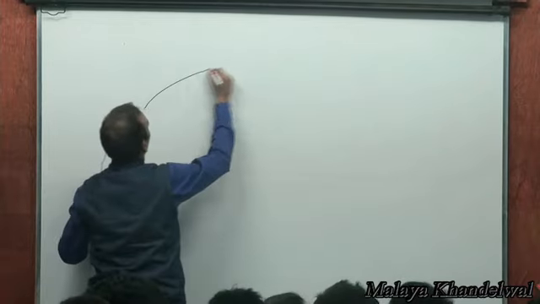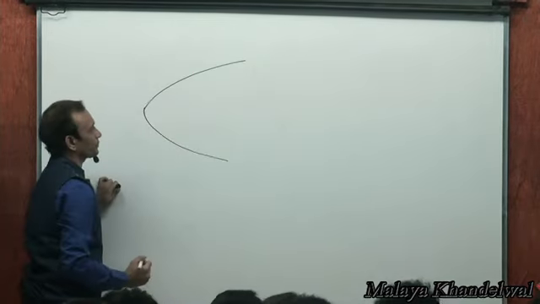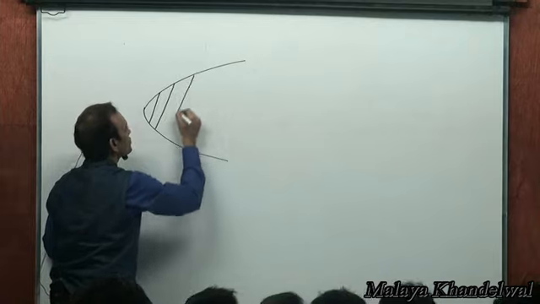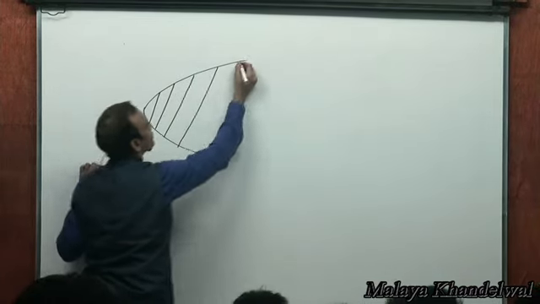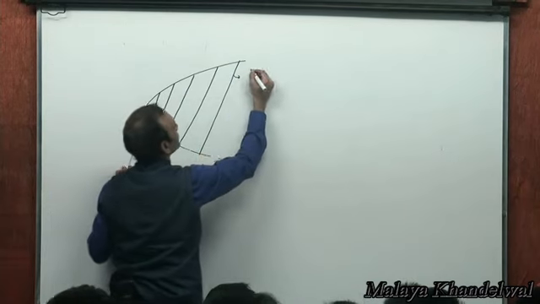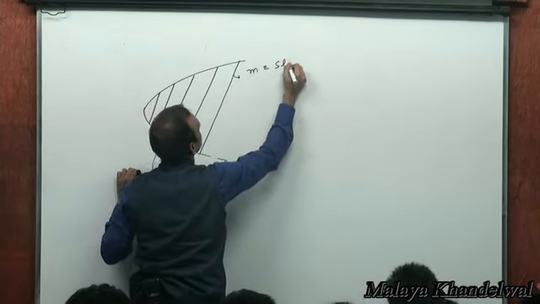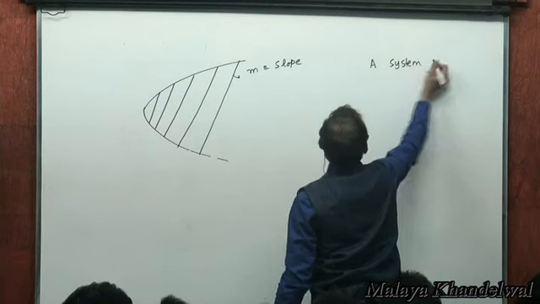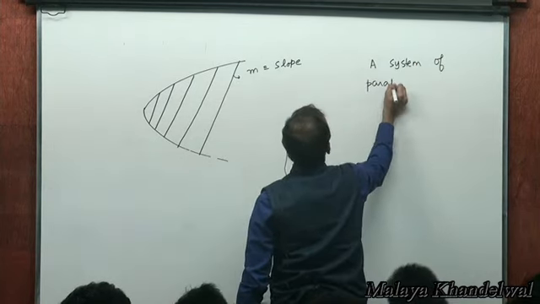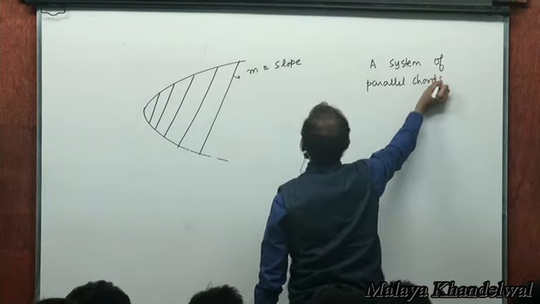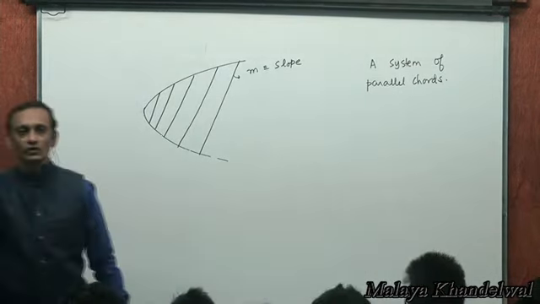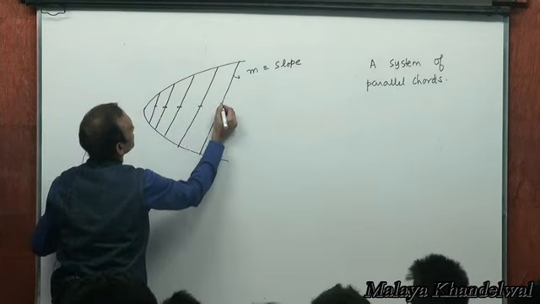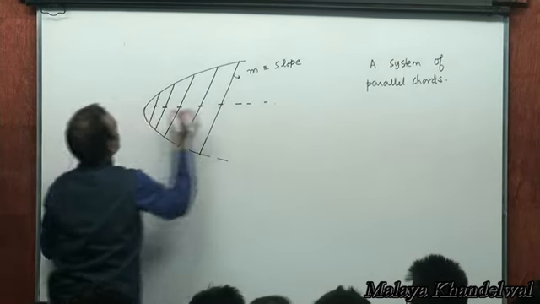If this is part of a conic, and if I take a system of parallel chords, each of slope m, that means m is the slope of each of these chords, and I collected the midpoints of all these chords.